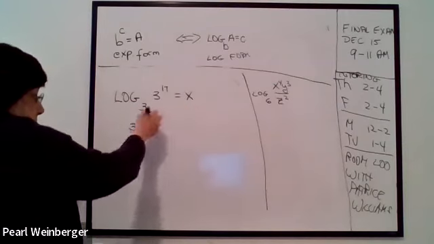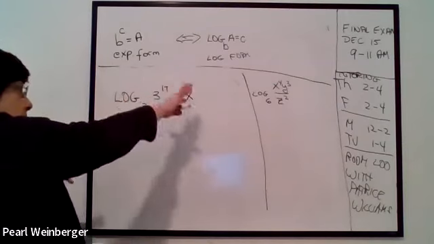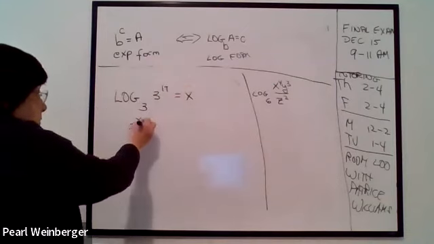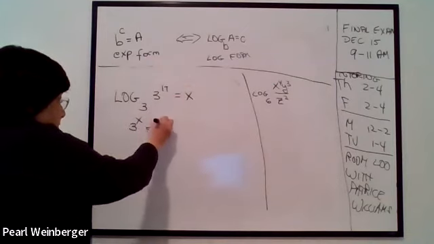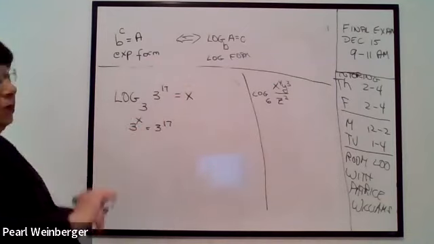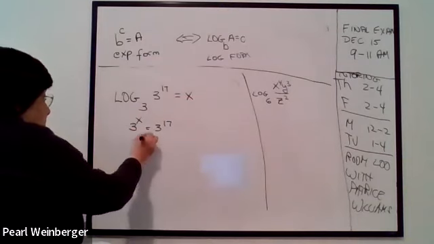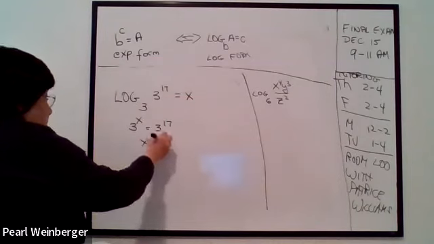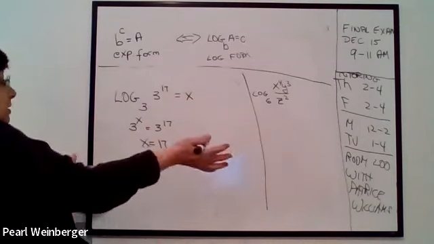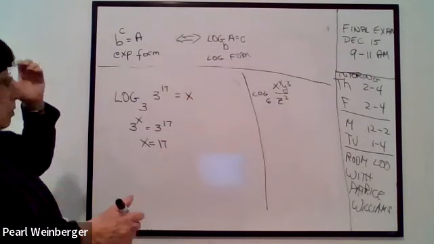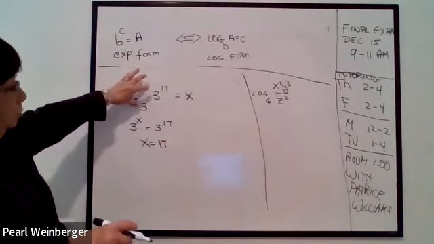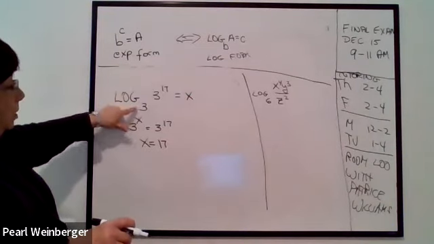The exponent is the x, because that's the number on the other side: log equals exponent, equals 3 to the 17. Now, I think it should be obvious what x is equal to. Obviously, x is equal to 17, because 3 to what equals 3 to the 17? It has to be 17, which tells us a very important rule.